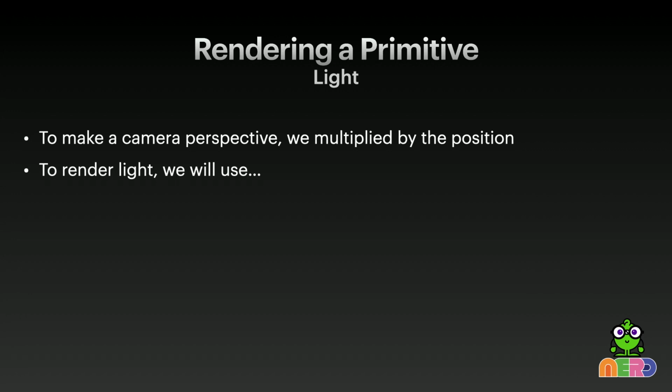So to render light, we already talked about how we were multiplying by the position to get perspective. If we want light, we multiply by, anyone, just a wild guess, we had positions. The other thing we're using to show the direction something is facing is the normal. That other variable that's in there.